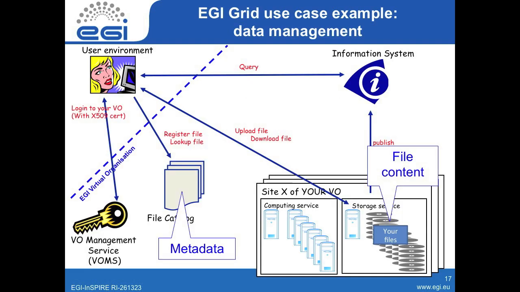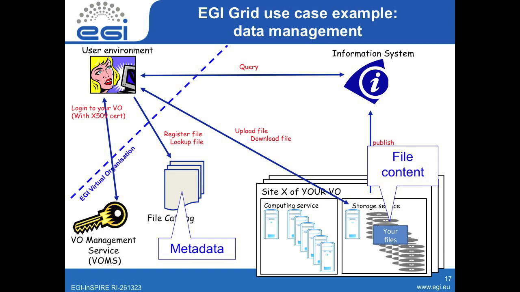So here I have an example of how data management can work in the grid environment. Storage services are publishing their information in the information system: what resources they are providing, how much space is available, which virtual organizations are allowed to store data in the services.